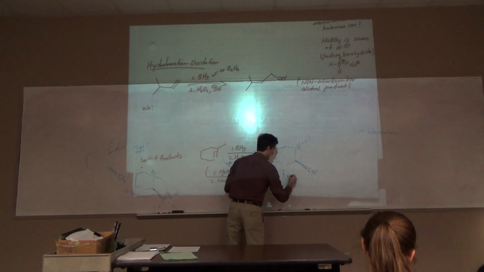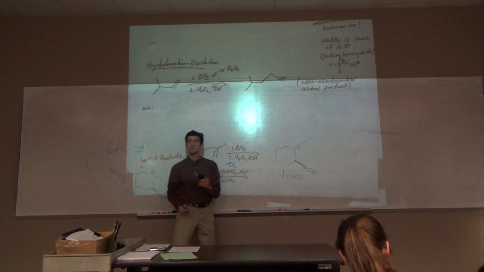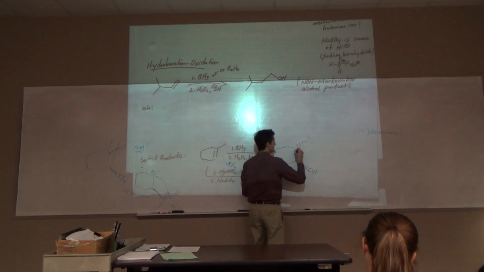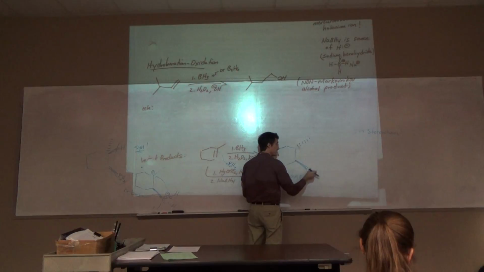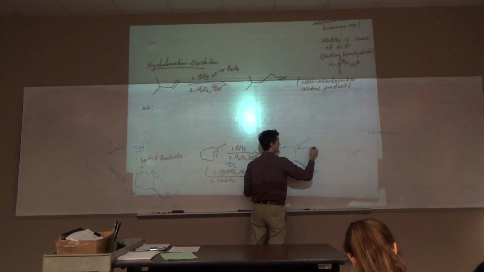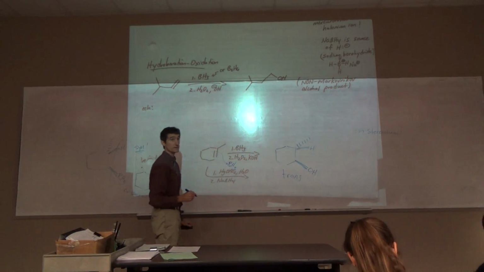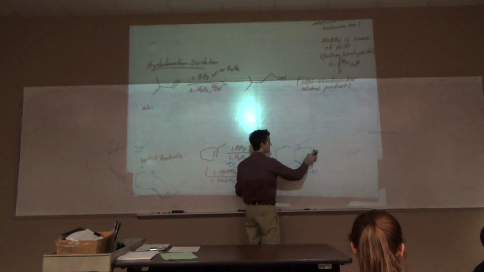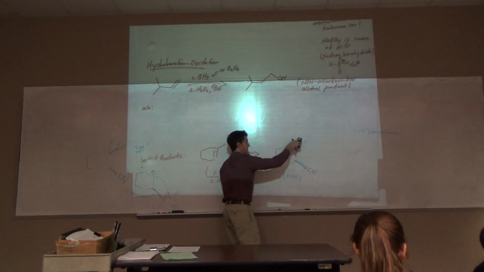It's trans. You see how the groups are trans? If we drew the H here, the H and the OH are cis. But when we talk about cis or trans, we're not talking about H's, we're talking about substituents. The substituents are trans.